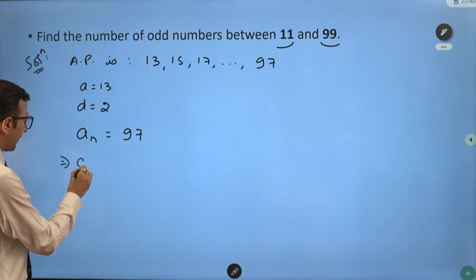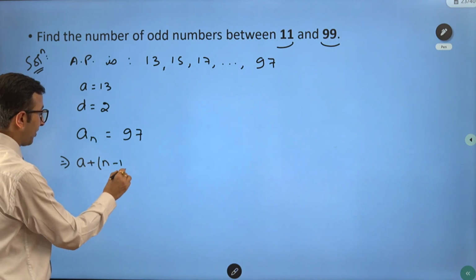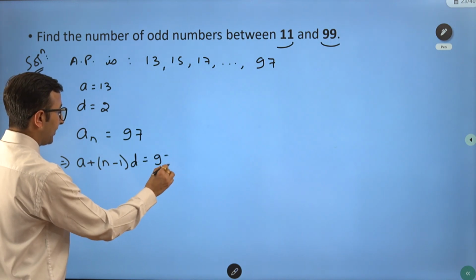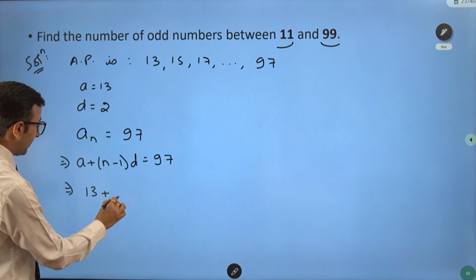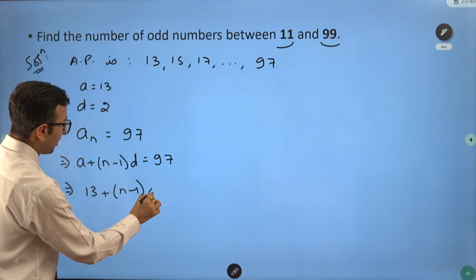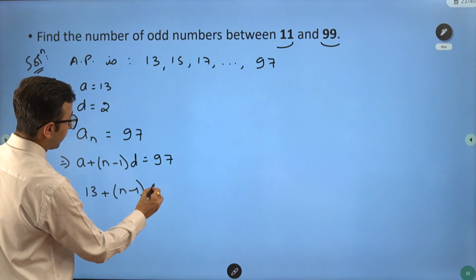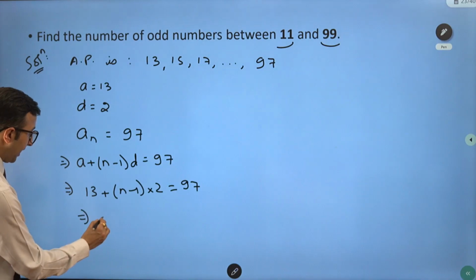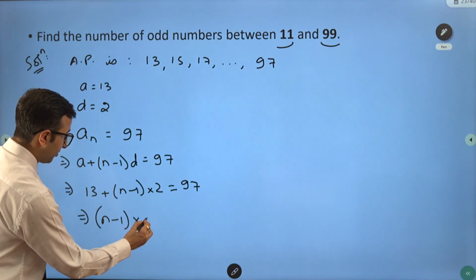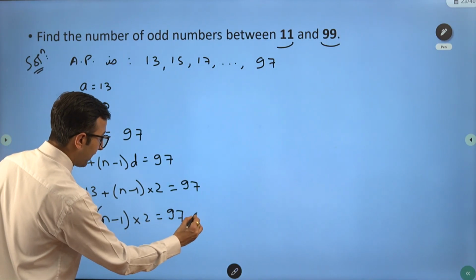So an can be written as a plus (n minus 1)d equals 97. What is the value of a? a is 13, plus (n minus 1) times the common difference 2, equals 97. So it implies (n minus 1) into 2 equals 97 minus 13.